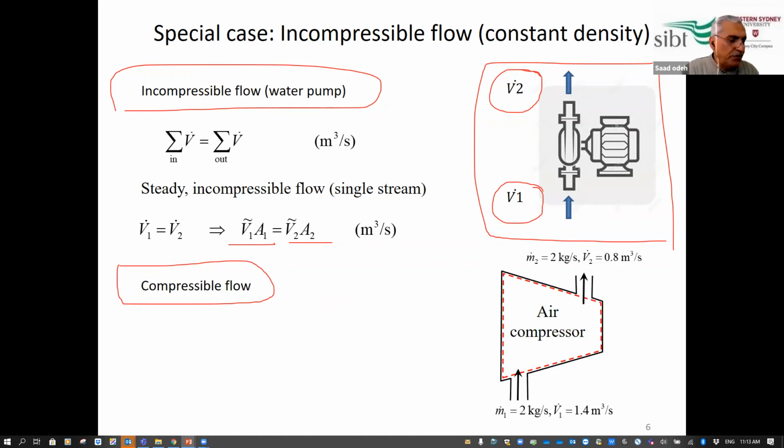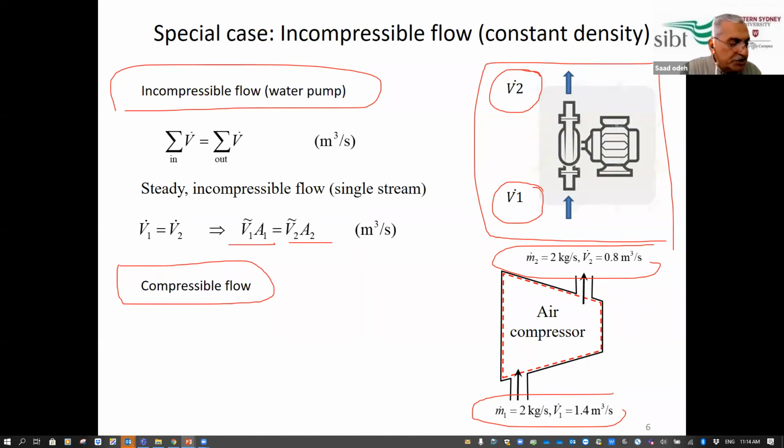And then the air compressor here again follows the same theory of mass conservation. The mass entering the system must equal the mass leaving the system. So as you can see here, we have m dot in kilogram per second, m dot 1, the mass flow rate entering the system, is equal to m dot 2, the mass flow rate leaving the system, because of mass conservation.